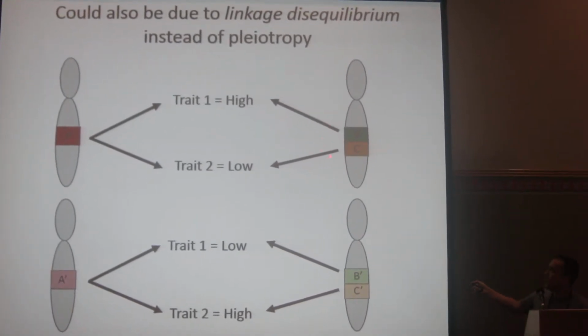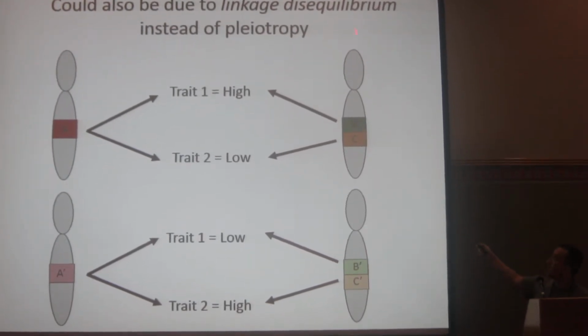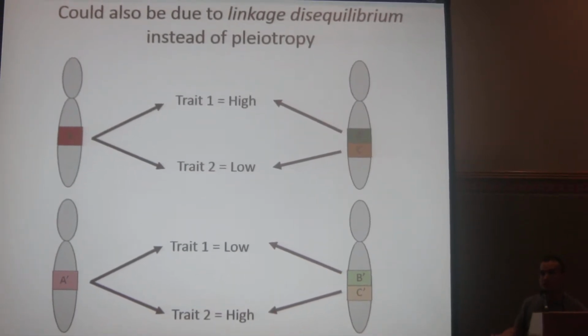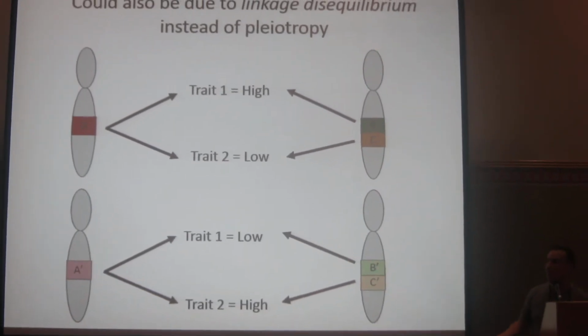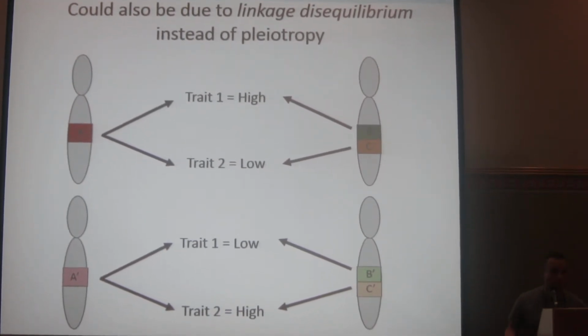So this is what we're interested in and what we've been working on: looking at linkage disequilibrium, its effects on the G matrix, the dynamics of the G matrix, and how that inevitably results in the evolution of traits together.